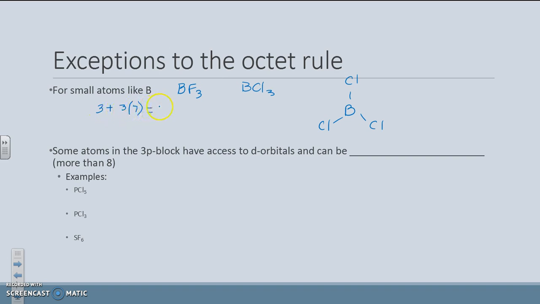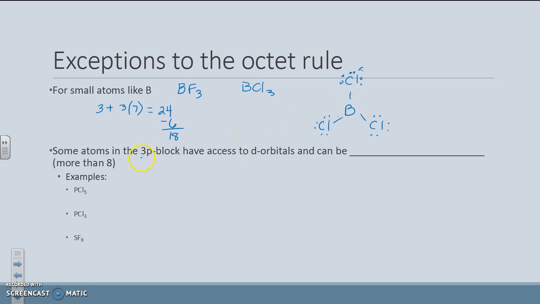So that would be 3 plus 21 gives us 24, right? If we subtract these 6 that we've used already, we now have 18 left. Well, guess what? We need 6, we need 6, and we need 6. So 6 times 3 is 18, and so now everybody's happy because they all have the right number of valence electrons. Okay, so boron is one of those that likes to make just 3 bonds instead of 4.